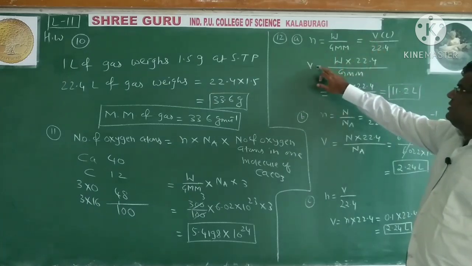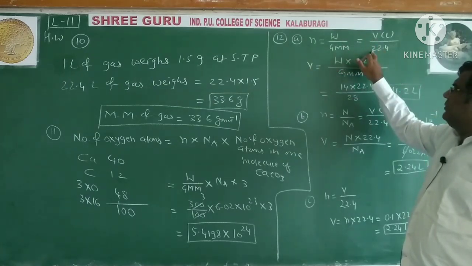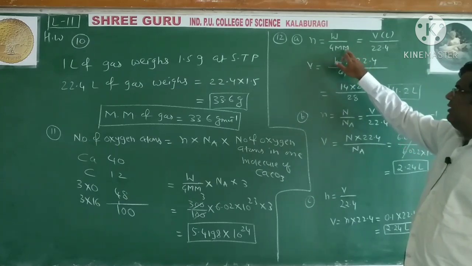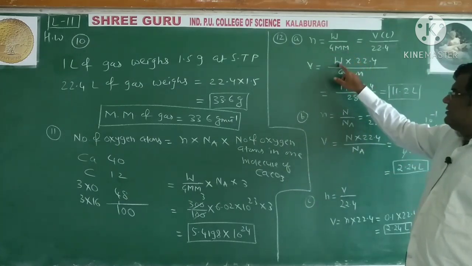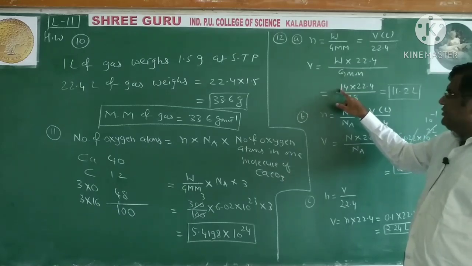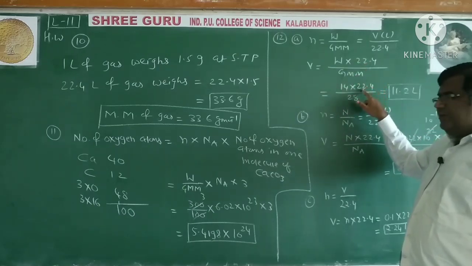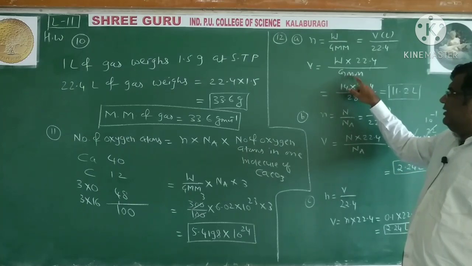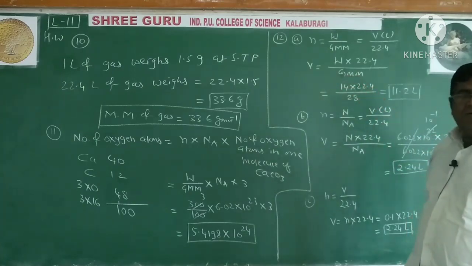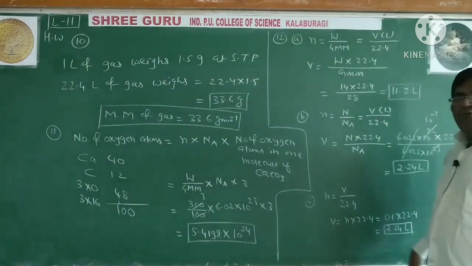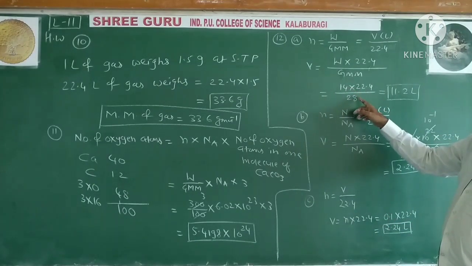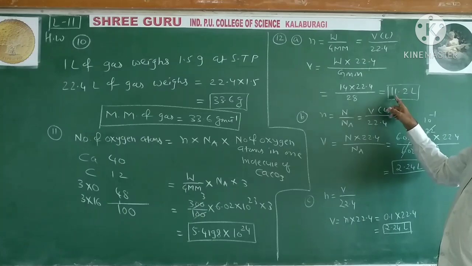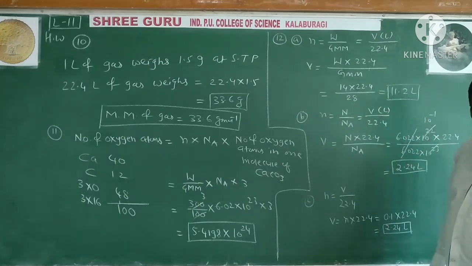So V equals W multiplied by 22.4 divided by GMM, gram molecular mass. W is equal to 14 given in the question, 22.4 is the constant here, and the gram molecular mass of nitrogen is 28, 14 plus 14. This is 1 by 2 times 22.4, which is 11.2 liters.